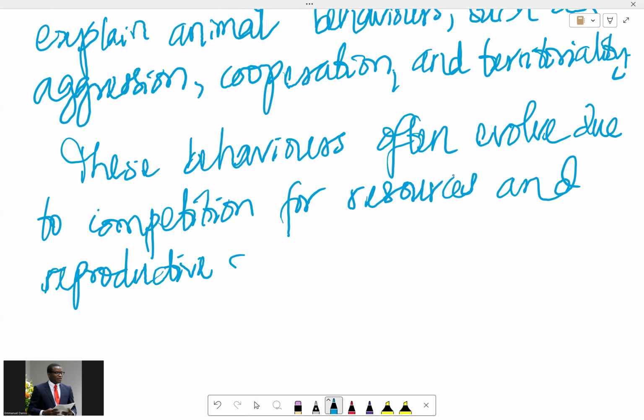So in a bid to have resources, you have all of these things happening, depending on what works in the particular context. So some animals may be aggressive in order to survive. And in some cases, they may need to cooperate if aggressiveness is not going to work, and they may have to protect their territory in some situations.